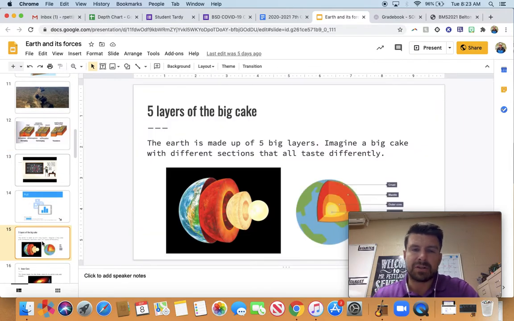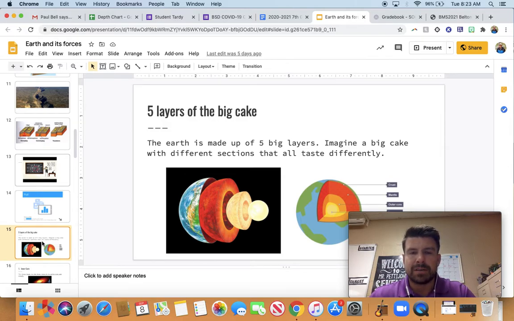Now let's move on to the 5 layers of our big cake, the Earth. The Earth is made up of 5 big layers. What's interesting about this is no one has ever been past the first layer. No one's broken through the crust.